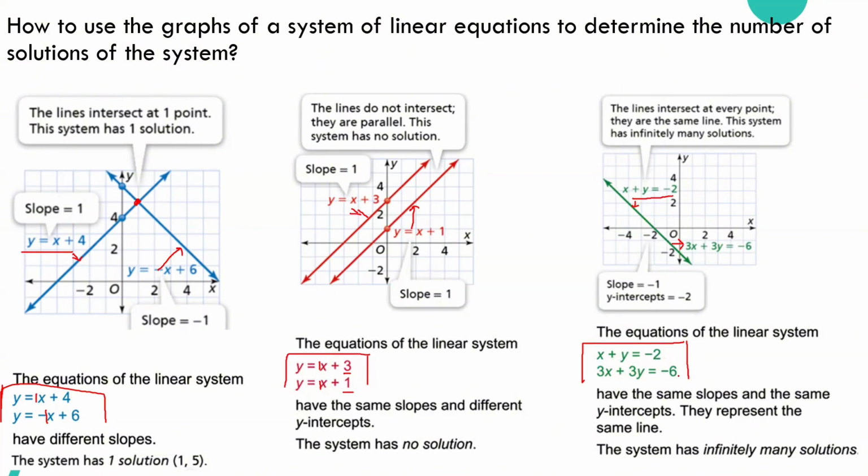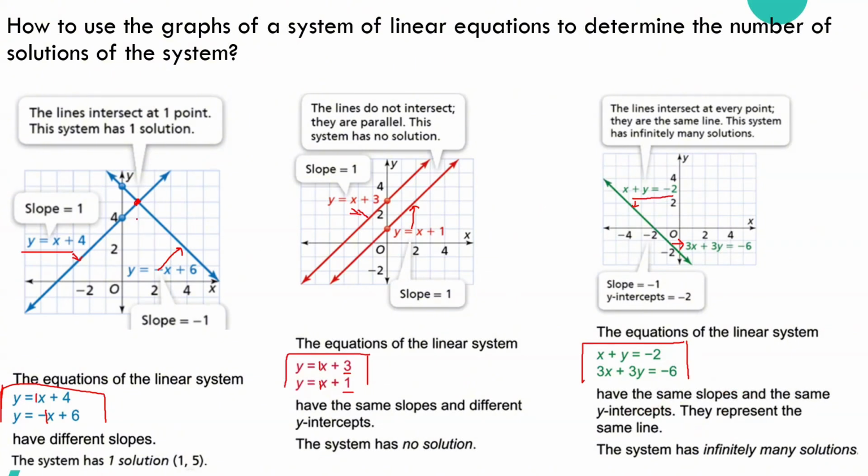You might be saying that they are two different equations. No, if you write both of these in slope-intercept form, they would be the same equation. So once again, how do we know that a system has infinitely many solutions? Once they have the same slope and the same y-intercept, they are the same.